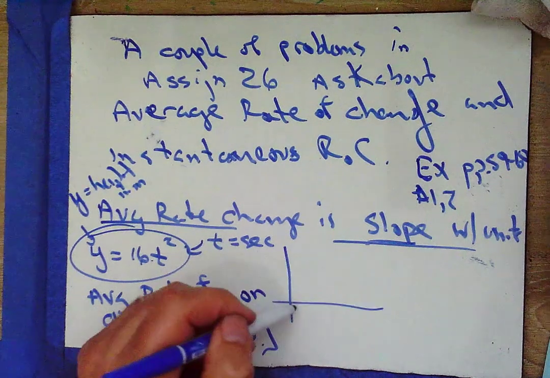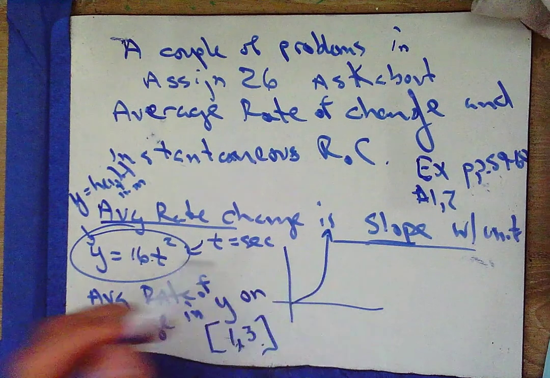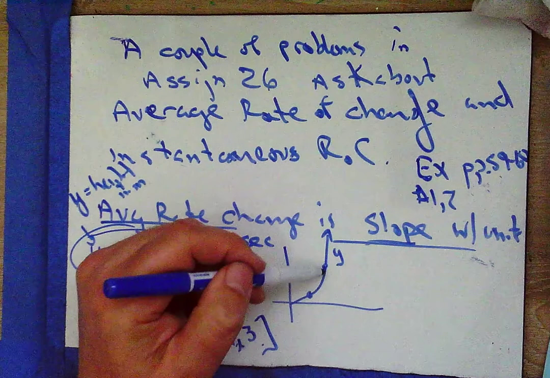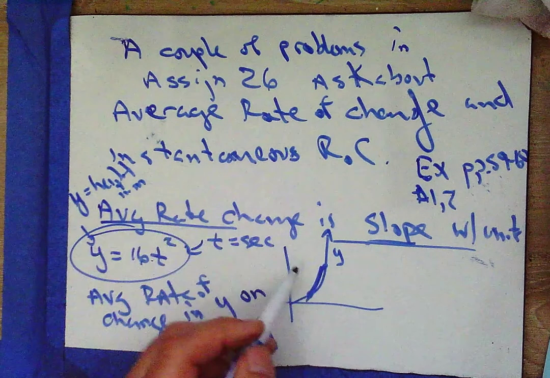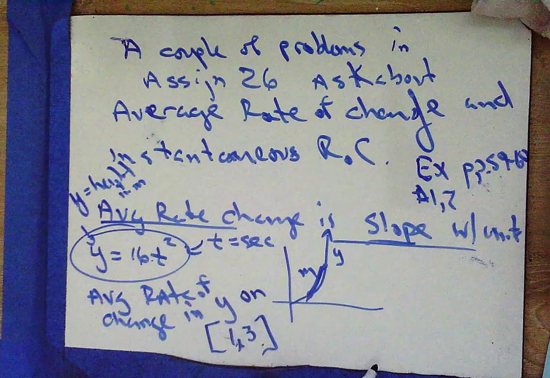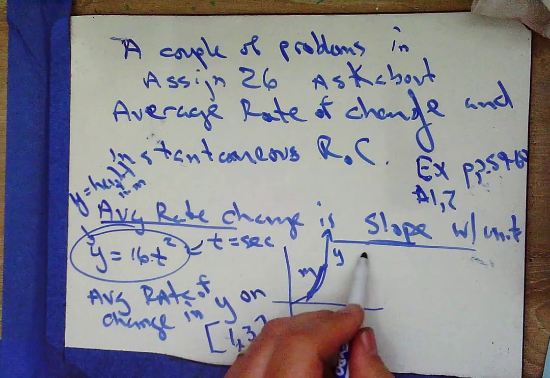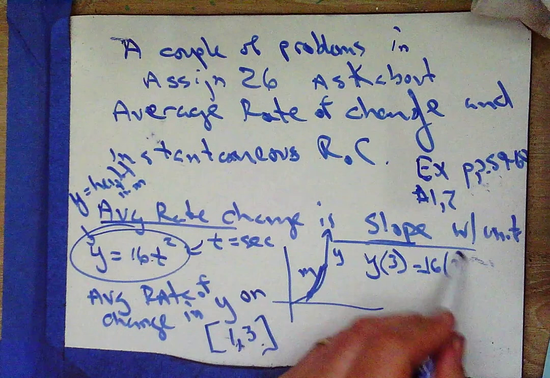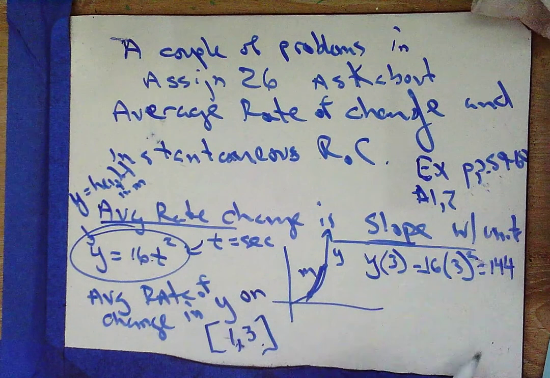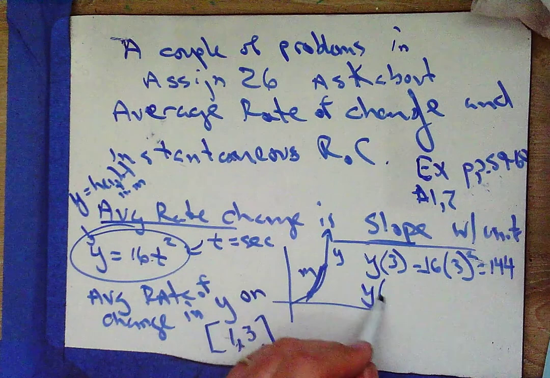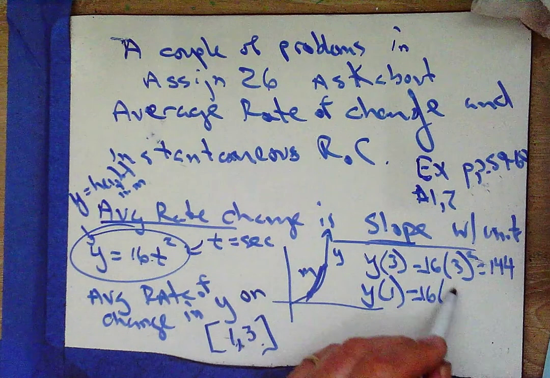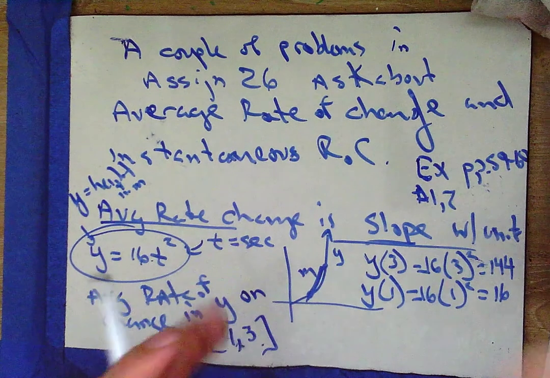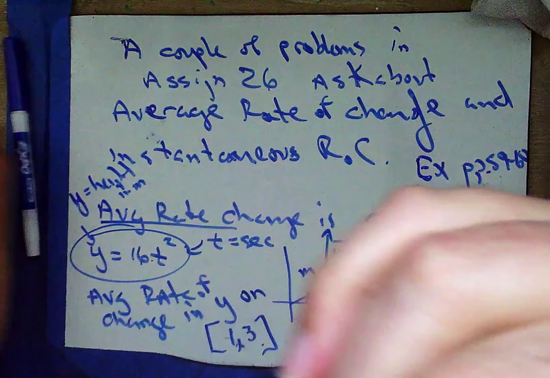If I'm looking at this visually, there's my graph, y, and I'm going from 1 to 3, and I want the average rate of change or slope. So I need to know y of 3, and that's going to be 16 times 3 squared, which is 144. And I need y of 1, which is 16 times 1 squared, which is 16. And now I'm ready to find the average rate of change. Remember, average rate of change is slope.